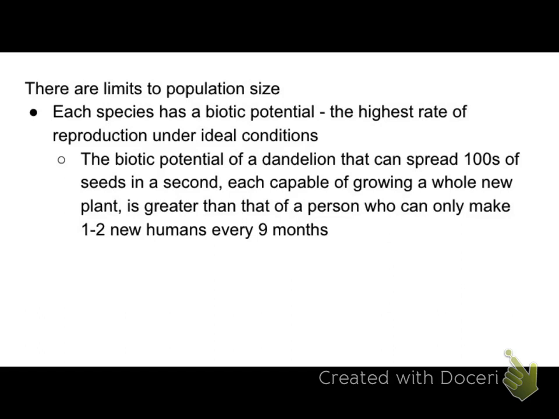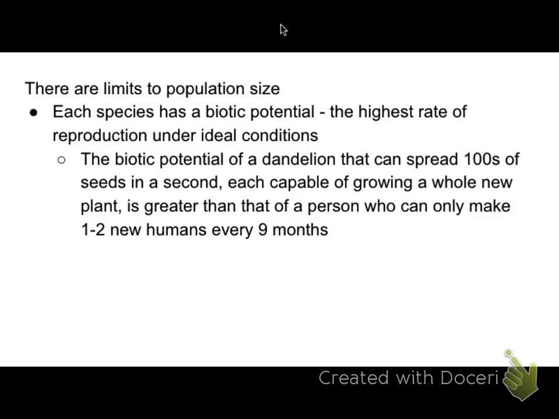So it takes us a lot longer to reproduce, a lot longer to grow up to reproductive age than a dandelion, and we are only capable of producing one offspring or maybe two, sometimes 3 or 4 at a time in very exceptional circumstances, okay? So we have a much lower biotic potential than a dandelion.